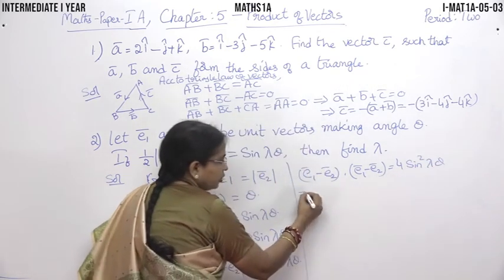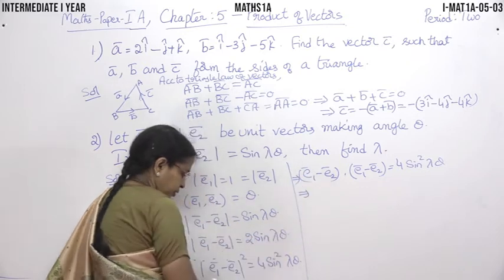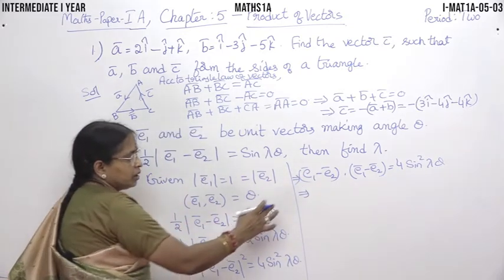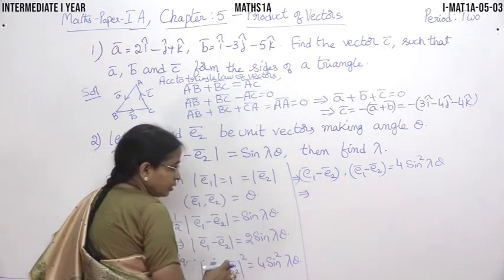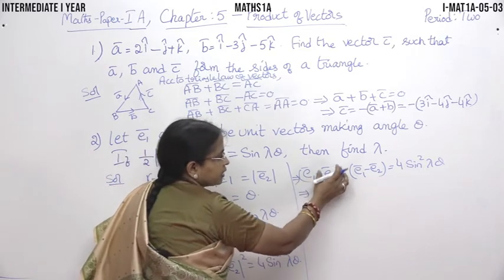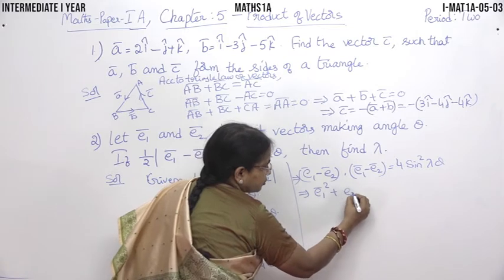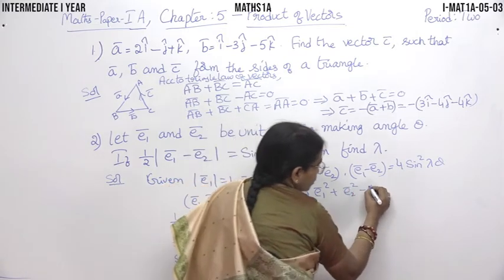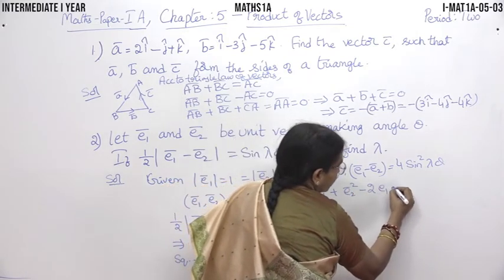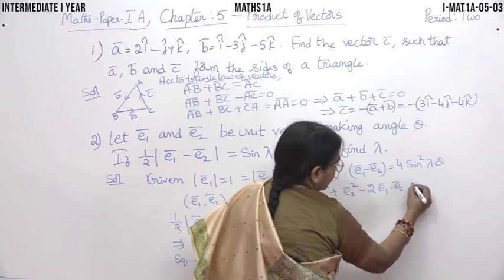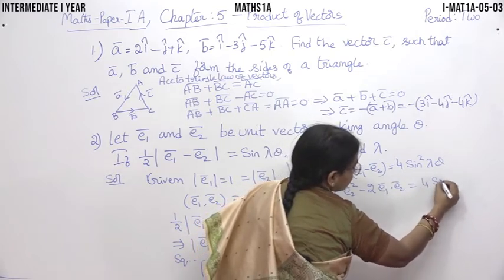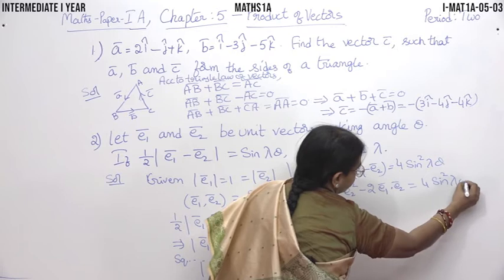Now, as you know, this implies, okay, continuation is here. So, now write the formula. Or it is E1 minus E2 whole square formula. So, E1 square plus E2 square minus 2 E1 dot E2 is 4 sine square of lambda theta.